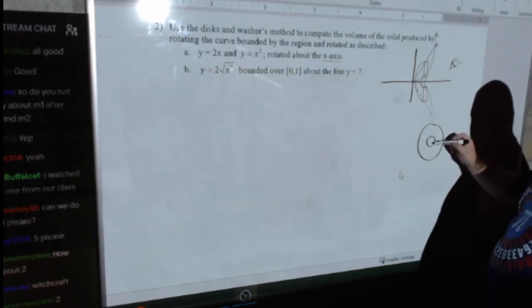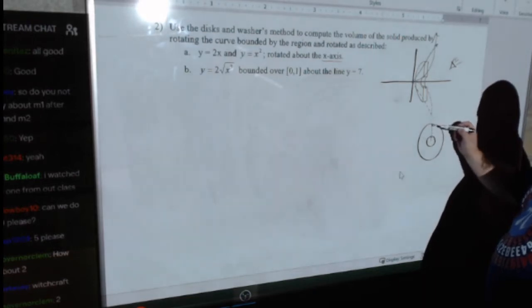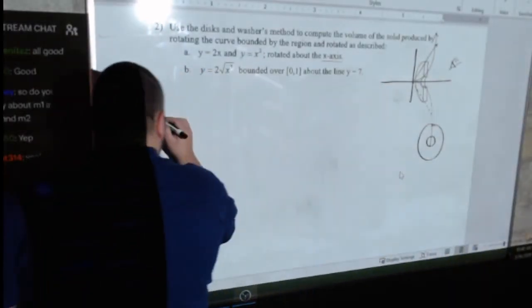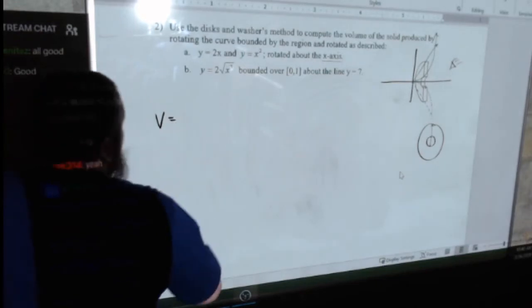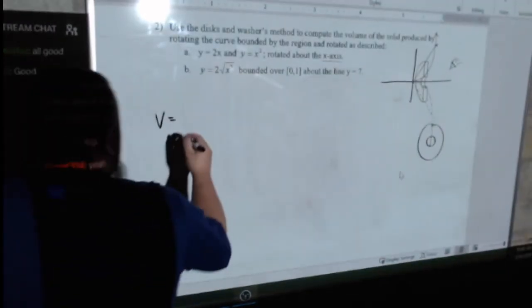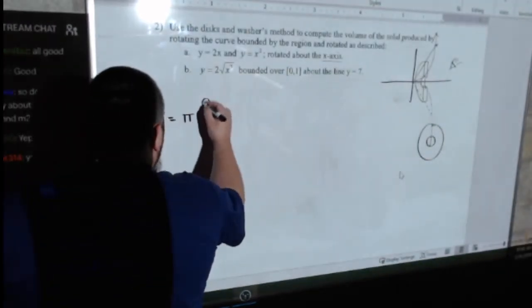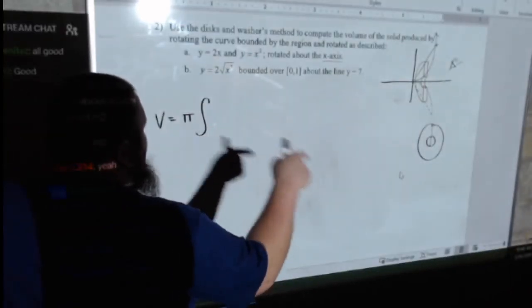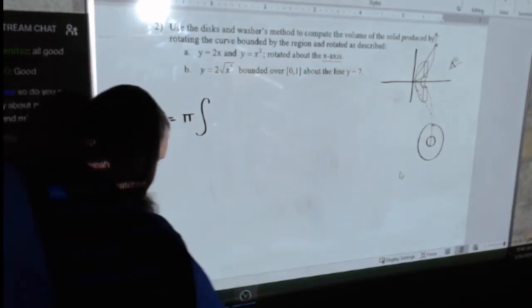So I need to take the outer area and subtract the inner area. My volume then, right, it's a circle, so we have pi integral. We need the radius of the outer function squared.